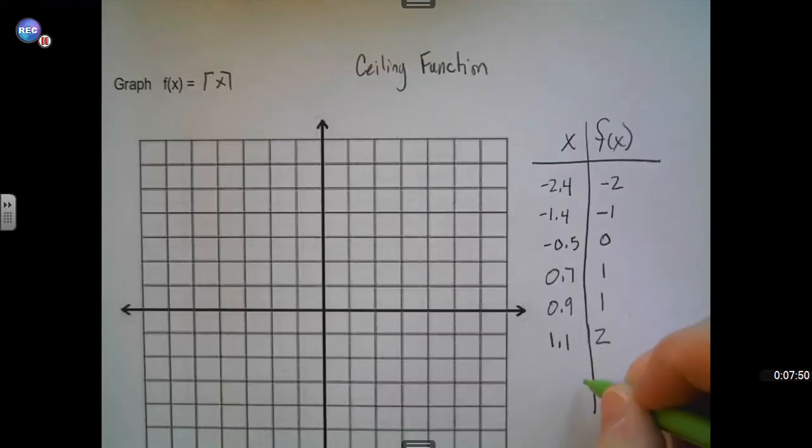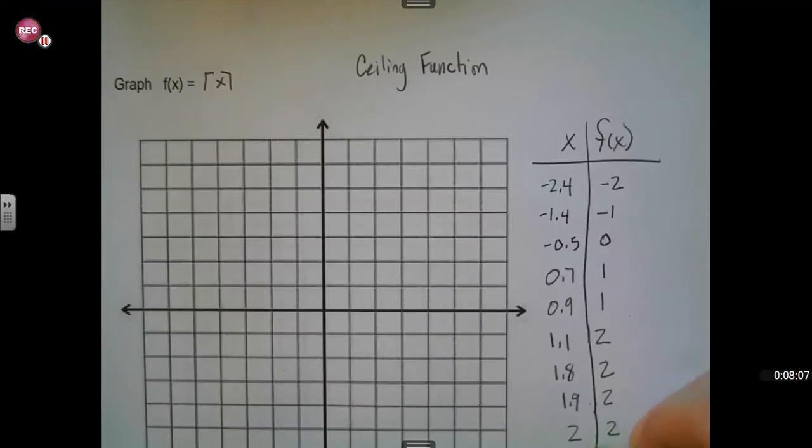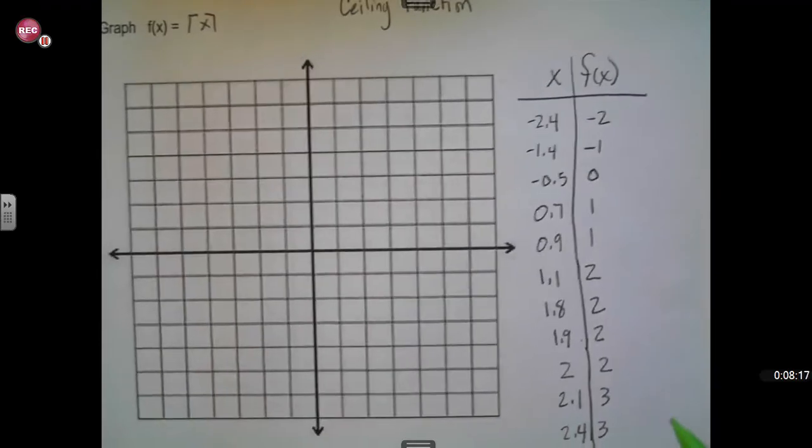F of 1.8 is 2. F of 1.9 is 2. F of 2 is 2. F of 2.1 is 3. F of 2.4 is 3. You know, we could just keep going on forever and ever.